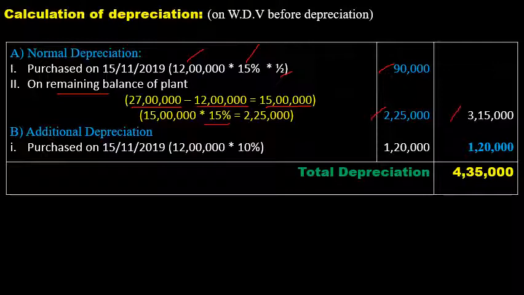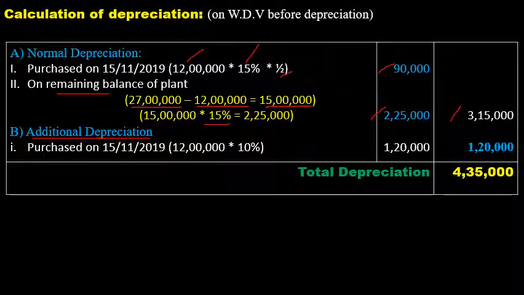Next comes additional depreciation. Why additional depreciation? Because this is the block of plant and machinery, and there was a purchase in the previous year. So therefore you have to charge additional depreciation. Only one purchase, and that was made in the month of November 2019.